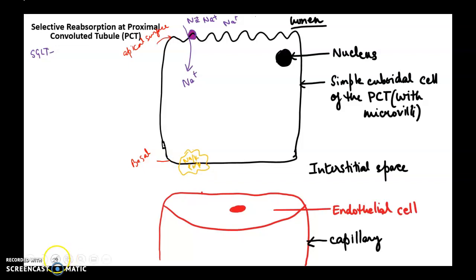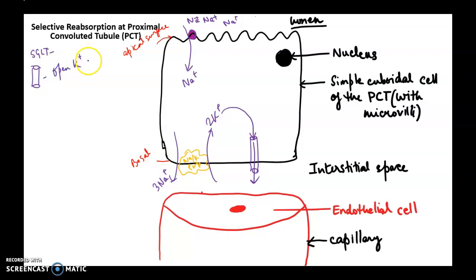This pump will get rid of 3 sodium and will take in 2 potassium. The potassium that comes in will eventually leak out into the interstitial space by a potassium channel. So this one is an open potassium channel, also called a leak channel.